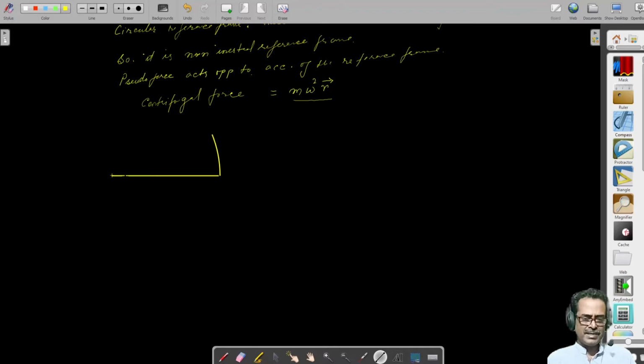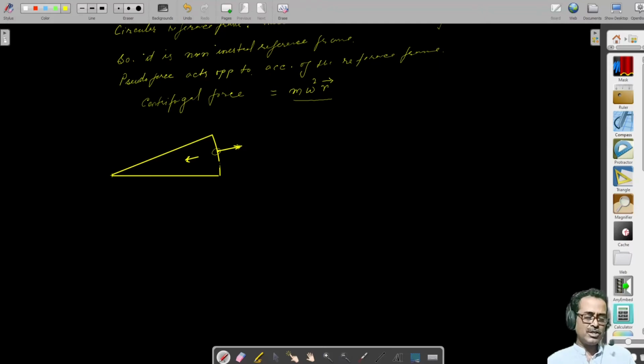The passengers of the car are in a non-inertial reference frame whose acceleration is along this direction. So at every point, passengers experience this force, which is the centrifugal force, due to the non-inertial reference frame. This is the centrifugal force. Now, the whole car experiences a force just opposite to this direction. Okay?